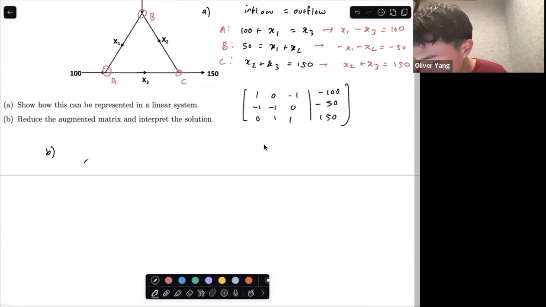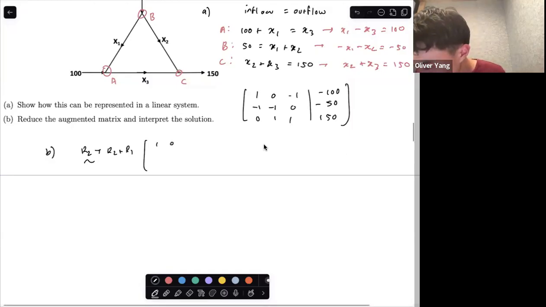So the first step: we want to do it to row echelon form. So that means these three numbers need to be 0. So why don't we do that for the first one? So row 2 equals row 2 plus row 1. And so that's 0, 1, -100.